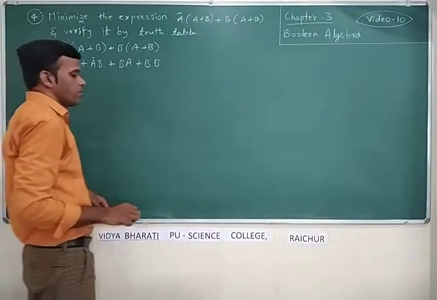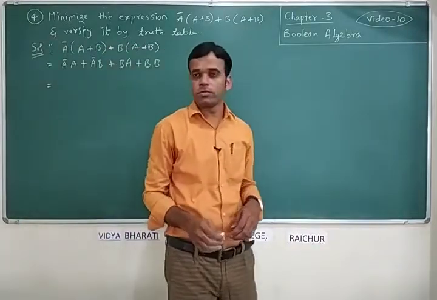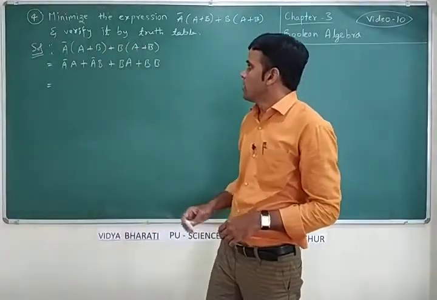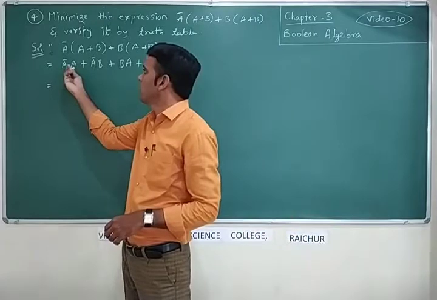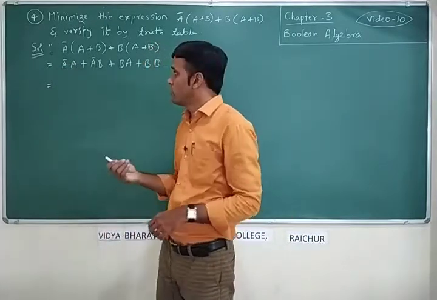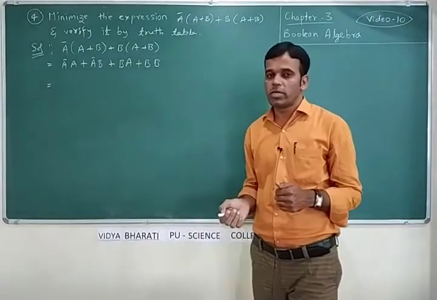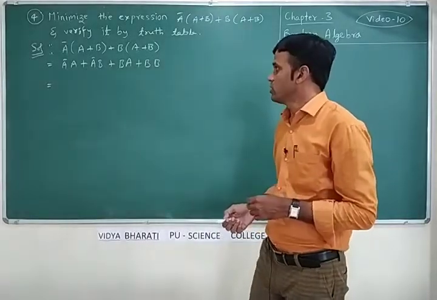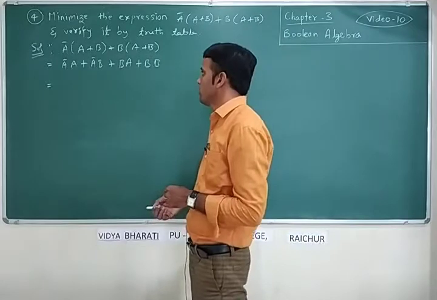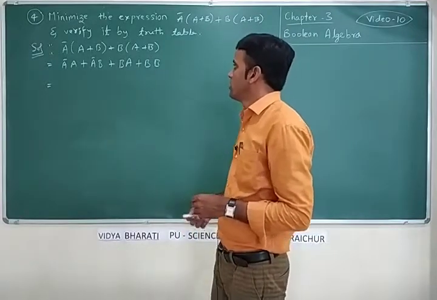Now we can apply Boolean theorems. When a variable is ANDed with its own complement, the answer is going to be 0. That particular theorem we can use in this step.